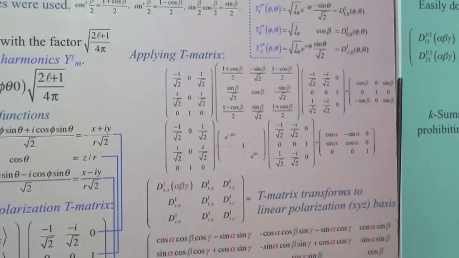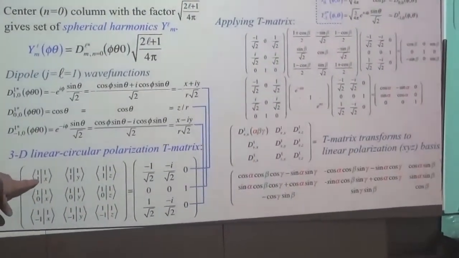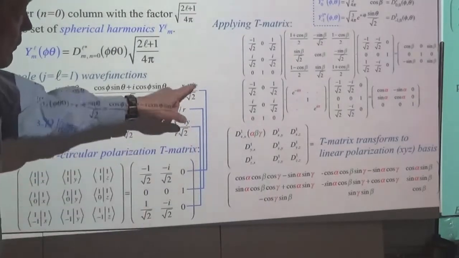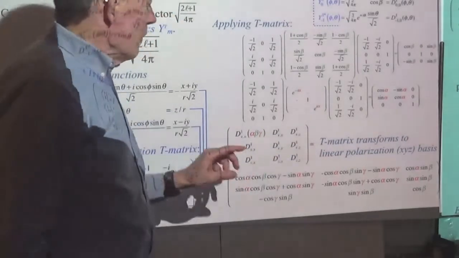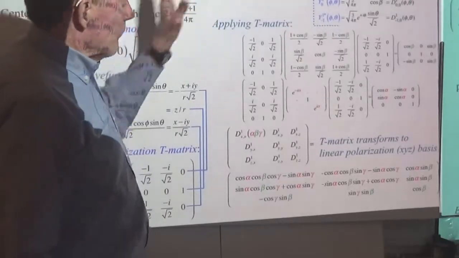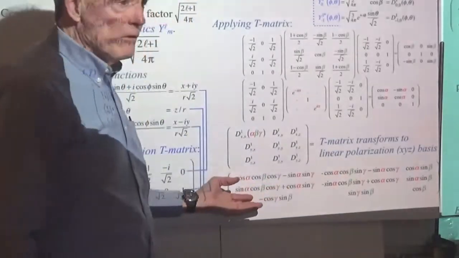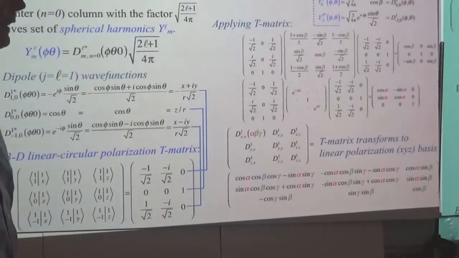This is x, y, z for quantum 1, then it's quantum 0, and then quantum minus 1 down here have those components according to this relation. So this T matrix transforms this whole thing with the gamma phases into this. And we've seen that before. So there is the linear polarization x, y, z basis.